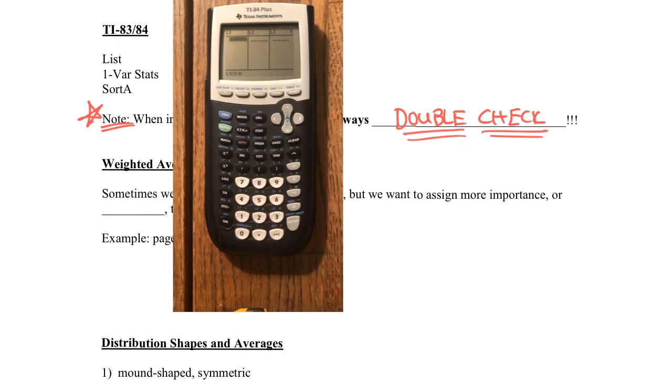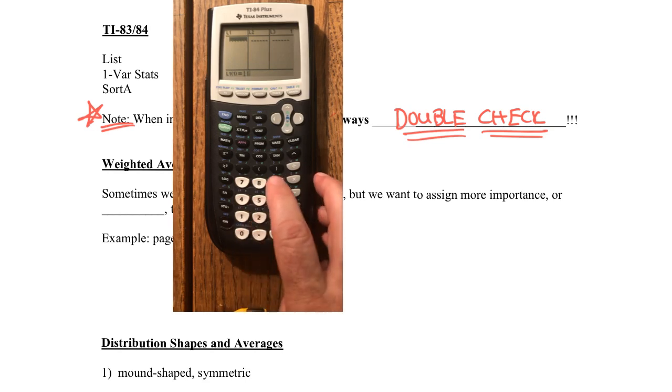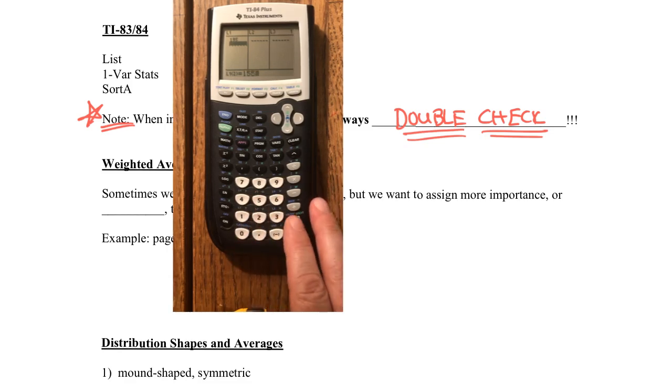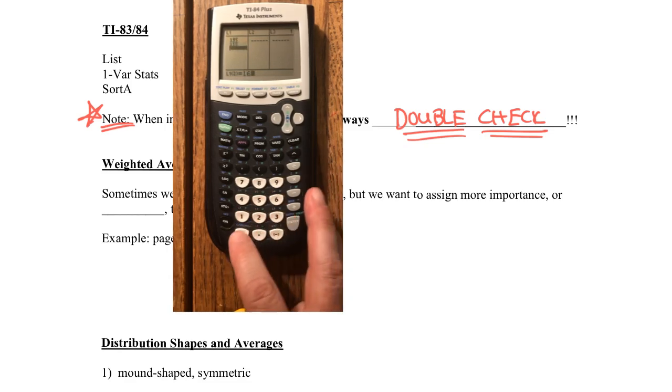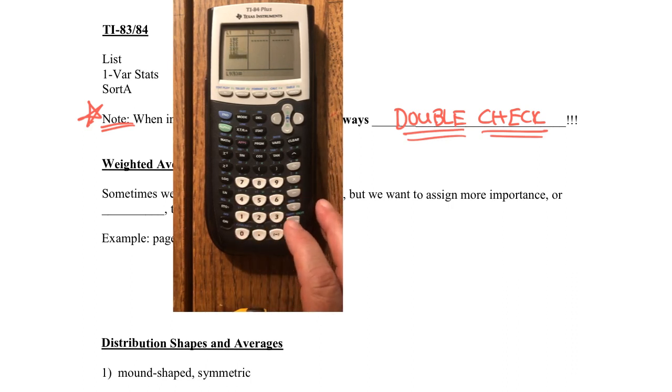So what we need to do is put those numbers into the list. And we just go through and type them in. Hit 195 and then hit enter. And you just go right down and put them all in the list. And don't worry about putting them in order. I'll show you how to sort them.